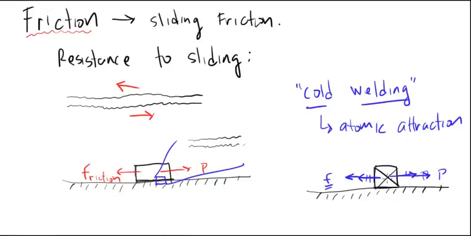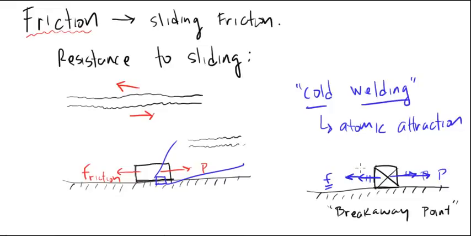But you can see what would happen is eventually, if I push hard enough, the block will slide, and this is what's known as the breakaway point, where finally the pushing force overcomes the force of friction and the block begins to slide.